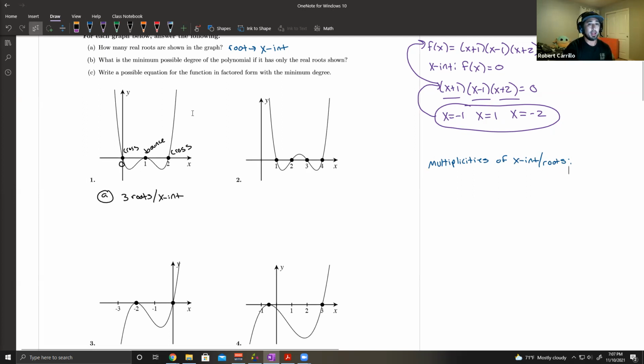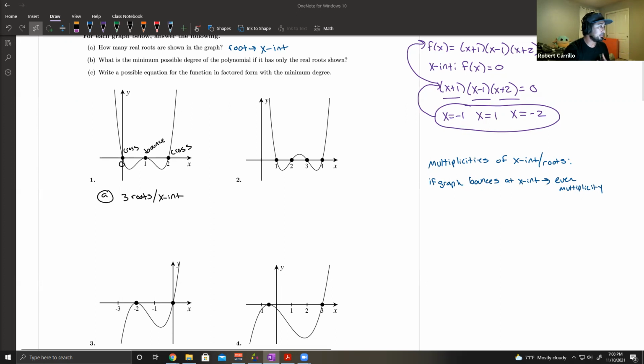If the graph bounces or touches at an x-intercept, then this x-intercept is said to have an even multiplicity. So if the graph bounces at an x-intercept, we have an even multiplicity.